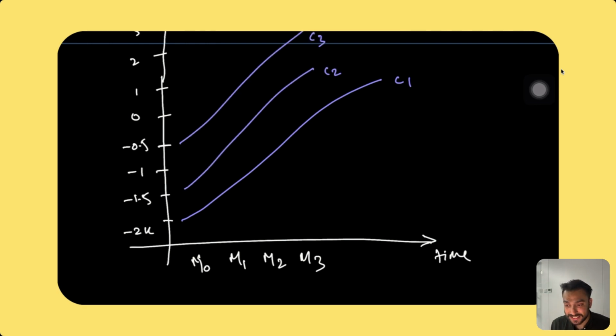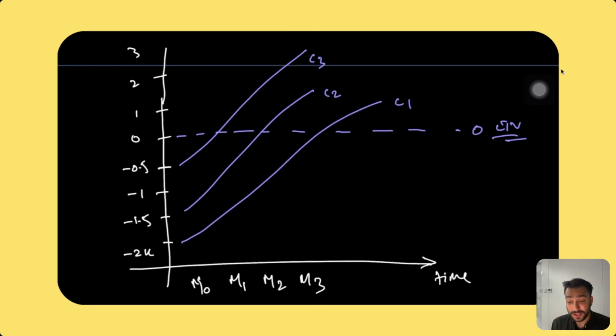So in this case, as you can see, the faster the LTV line crosses the zero line, the more money we'll be able to get within our company.